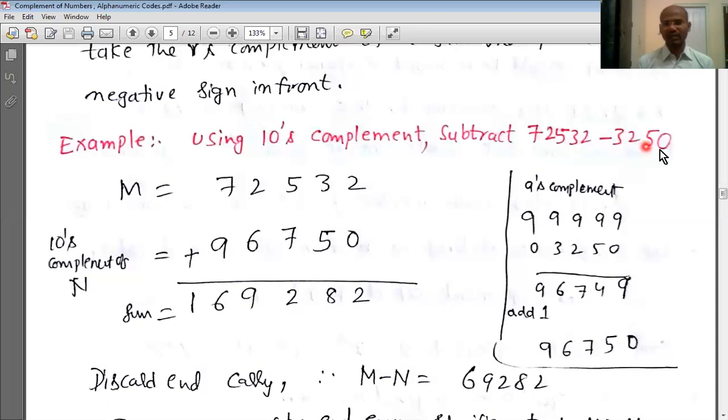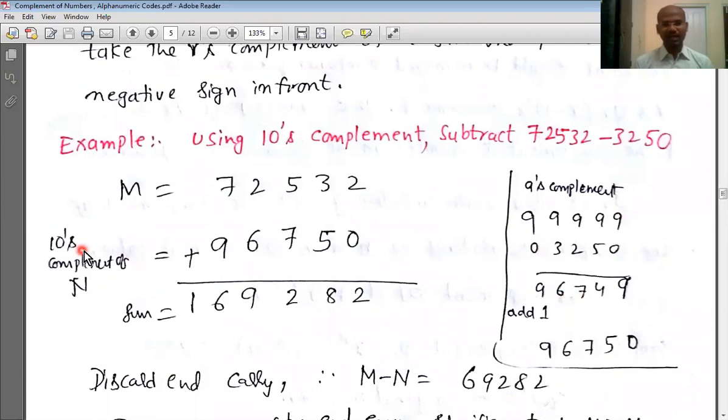Here we are finding the 9's complement of 3250, with a 0 added to make it equal to the number of digits in m. So totally we have 1, 2, 3, 4, 5 digits after adding 0. Now we have to subtract this from 5 nines, and we get this answer. This is the 9's complement.